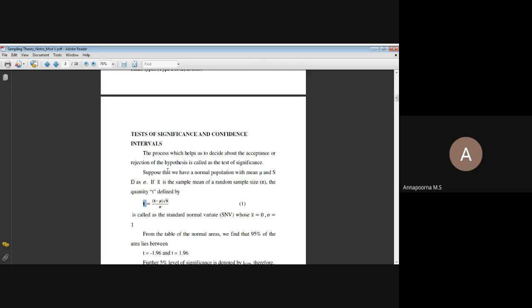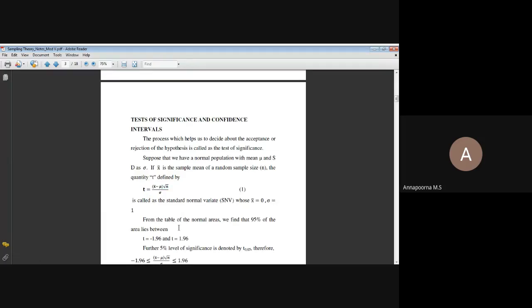This is the process which helps us decide about the acceptance or rejection of the hypothesis. This process is called test of significance. Here also we will be using those two levels of significance, 5% and 1%. And this is your standard normal variate, given by t is equal to (x bar minus mu) into root n divided by sigma.